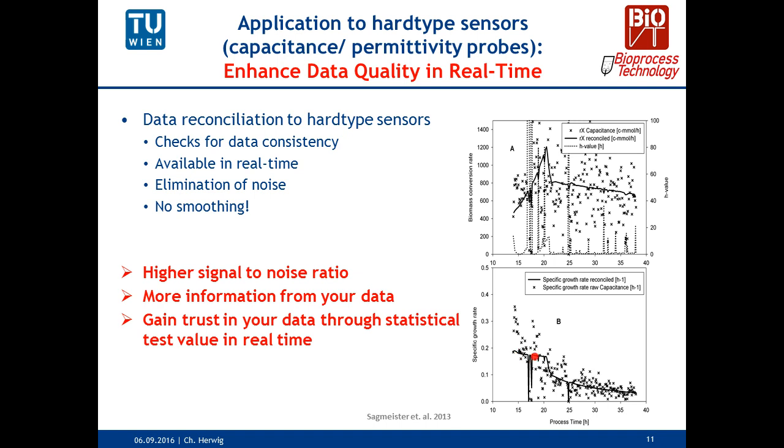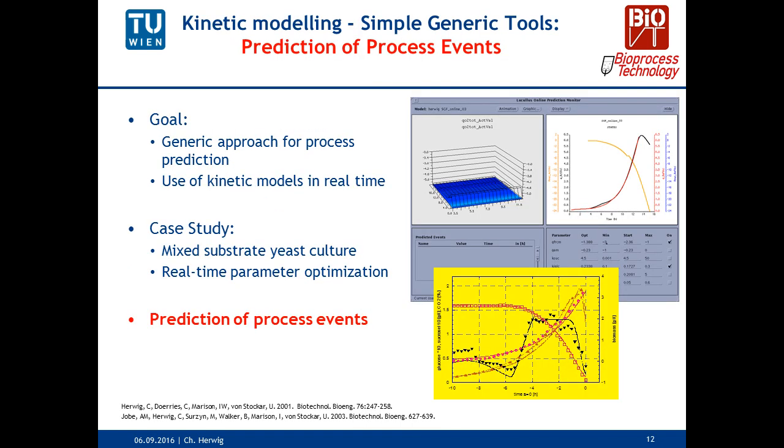You can get a specific growth rate properly indicated in real time by the underlying balancing tool, which I presented earlier. What else you can do with this kind of balancing is apply those measurements, of course, also in kinetic models.